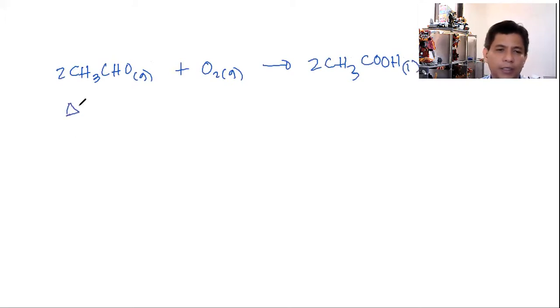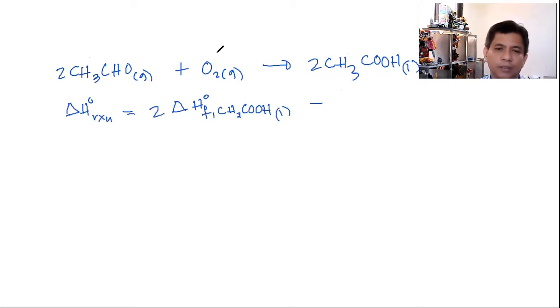So ang delta H ng reaction is 2 times delta H ng standard of formation nito ng acetic acid liquid, tapos minus ito.